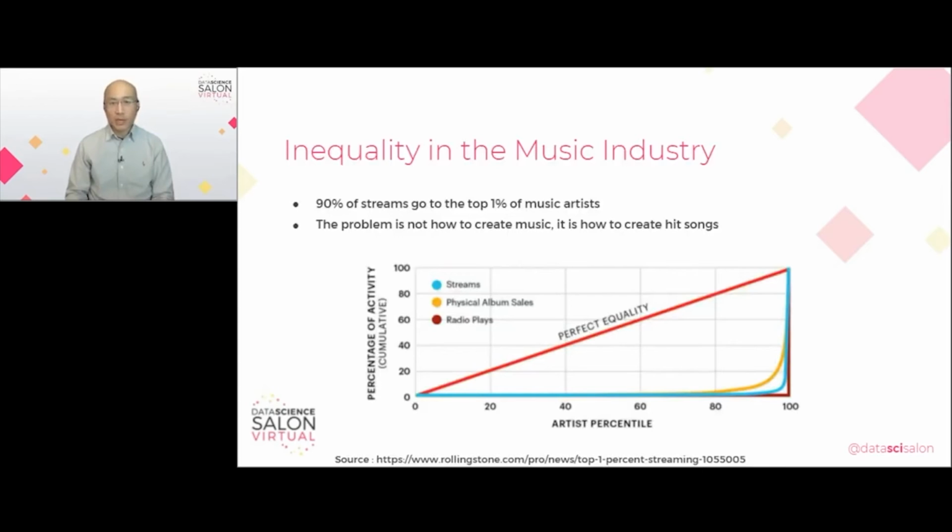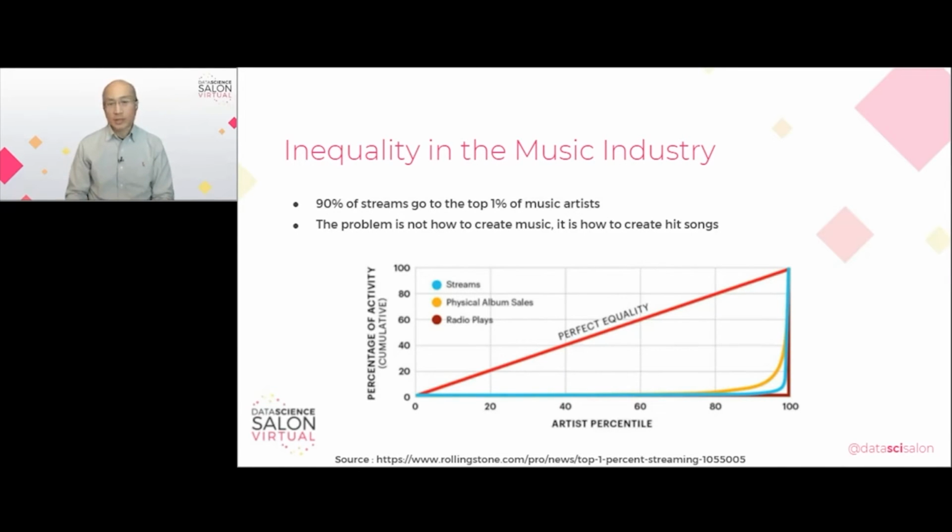First, I'm going to talk about the inequality in the music industry. I got this graph from Rolling Stone magazine, which shows that 90% of the streams go to the top 1% of music artists. So what this means is that if you're a music artist and you aren't able to consistently create hit songs and be in this 1%, well, the graph over here is very flat, which means that barely anybody's going to listen to your music.